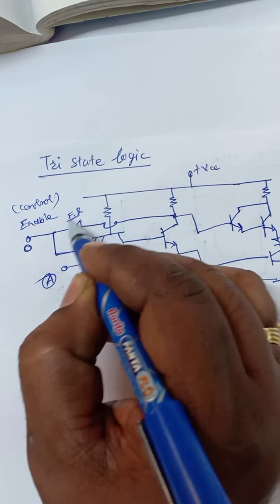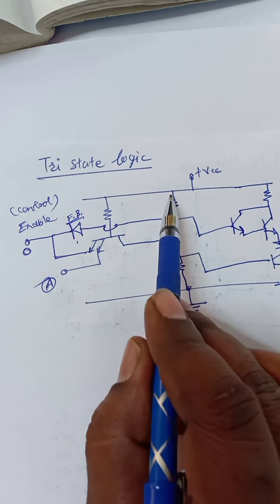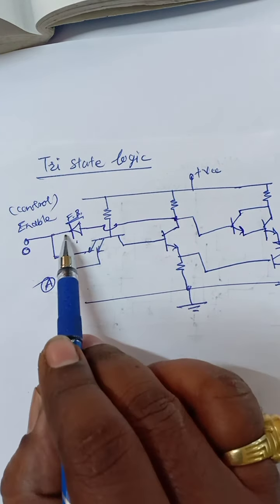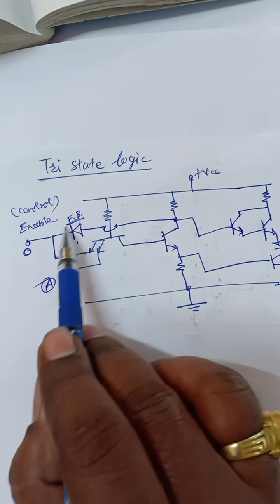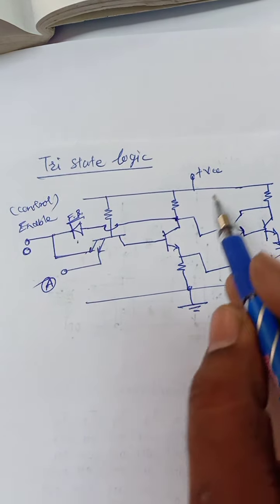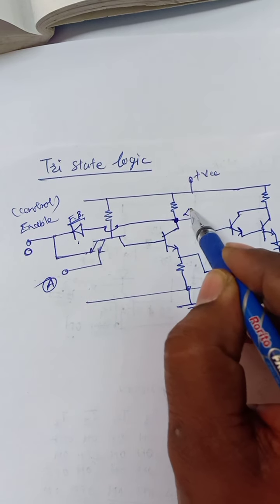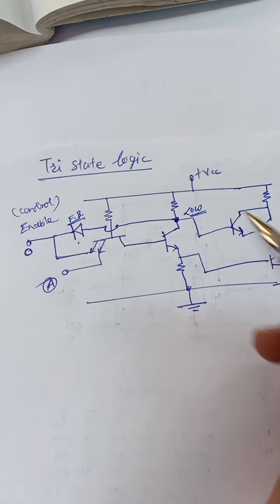Why is it forward biased? Because the anode is connected to the high potential through the resistor and 0 is applied to the cathode, so this becomes forward biased. As this will be forward biased, this collector voltage is maintained at a low state voltage.